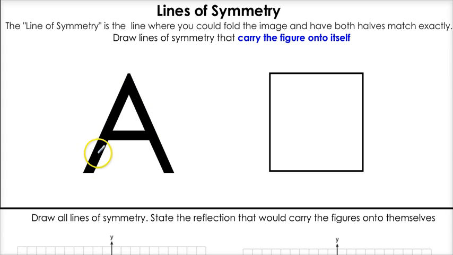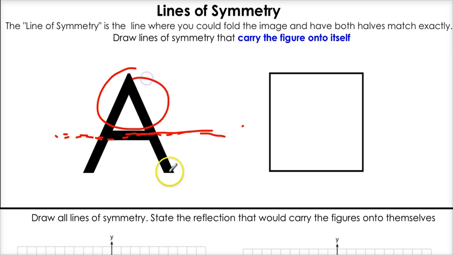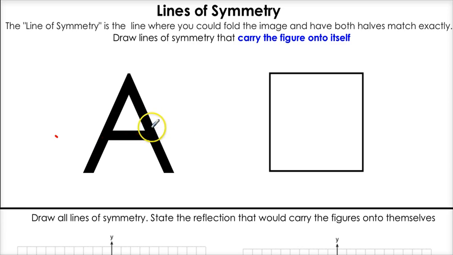All right? So that's where it's exactly in the middle. Well, on this A, where can I reflect this so it looks exactly the same on both sides? Would it be here? All right. Say I reflected it over here. Would this be cutting it exactly in half? Well, this top half does not look like this bottom half, right? So this is not a line of symmetry.